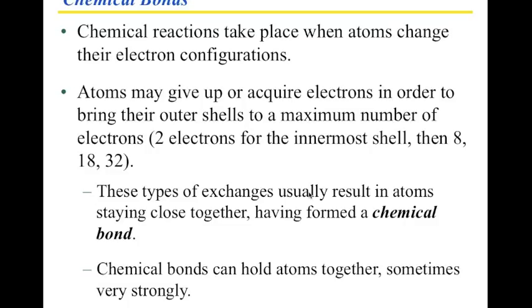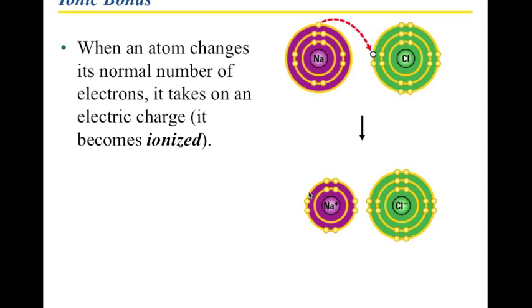The first type of these bonds is called an ionic bond. An ionic bond is something that happens when an atom changes the number of electrons it would normally have. Now, the way it can change electrons is either by picking one up, which would give it a more negative charge, or by giving one away, which would give it a more positive charge.